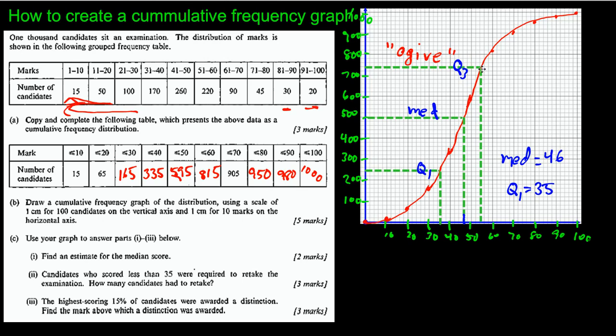And then Q3, the value we can read on the chart is about 54. And out of that, we can also find the IQR if we need that and start talking about outliers. So 54 minus 35, our IQR is 19. So that's how you read the cumulative frequency graph.